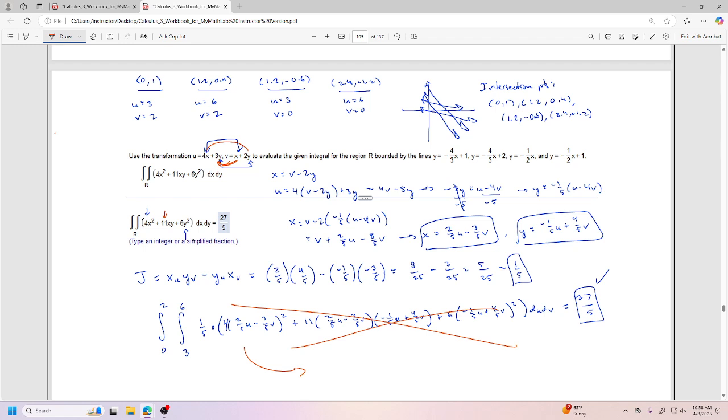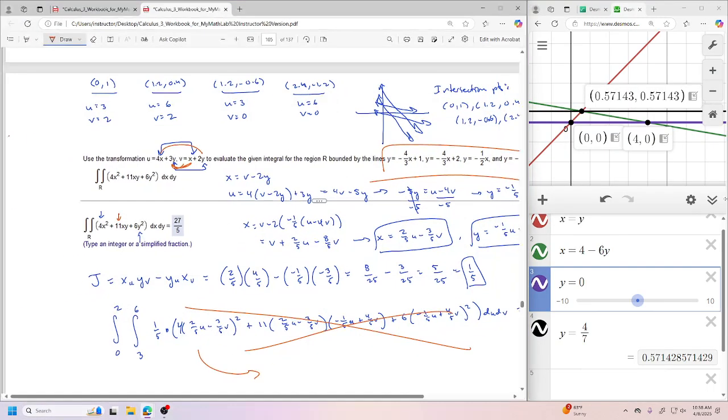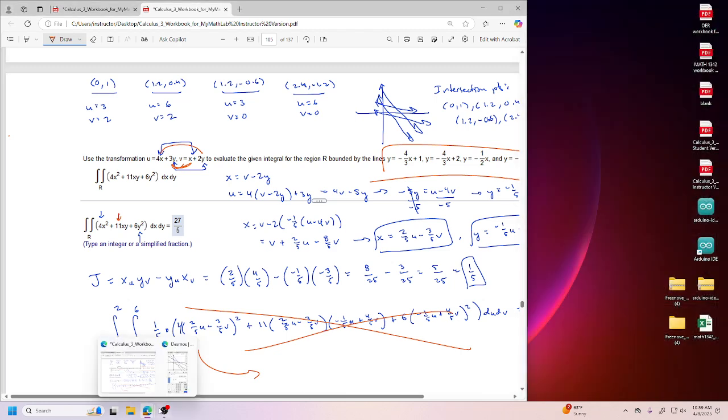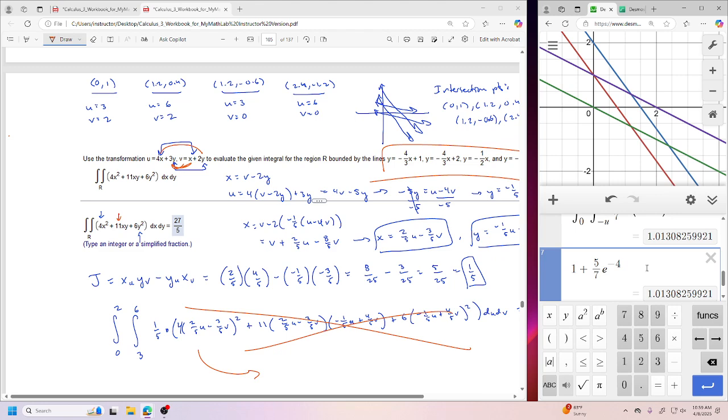Good idea. I'm still going to cheat and use some Desmos, because I wanted to find the intersection points, and you can see that they're not very friendly. If you wanted to find intersection points for these, that would take forever. So I think it's easier just to use some Desmos once in a while.